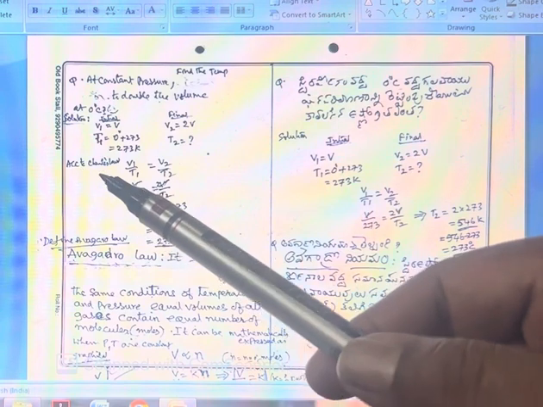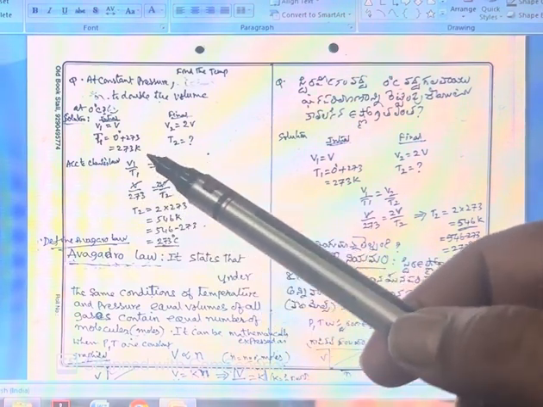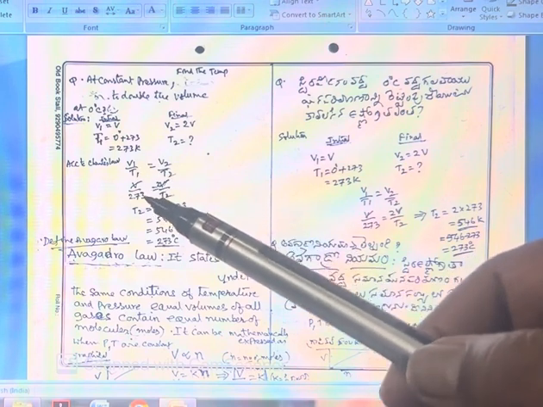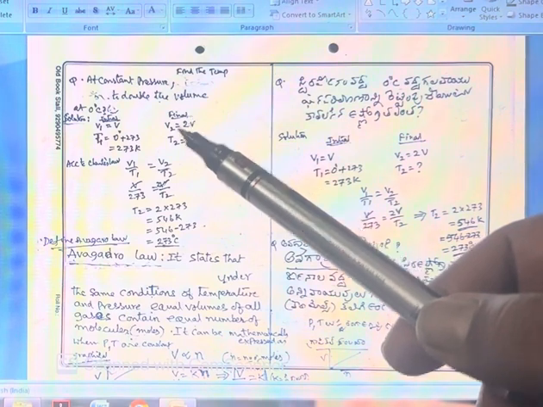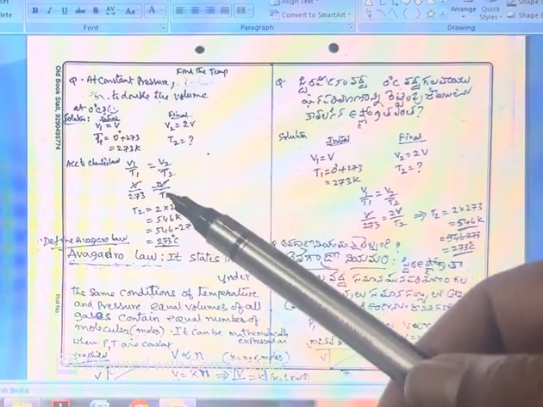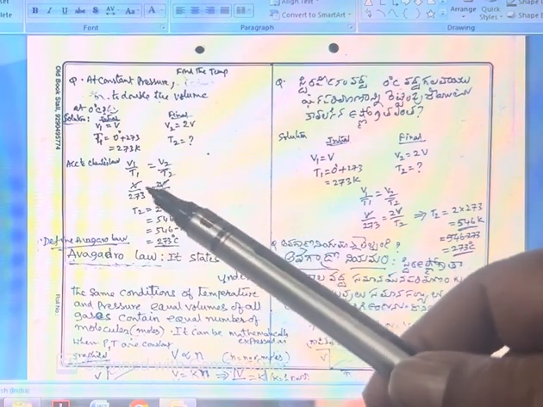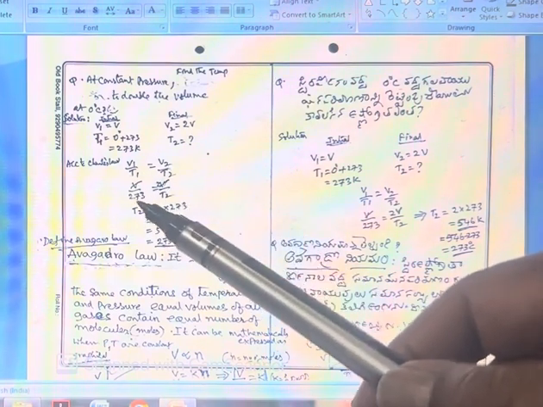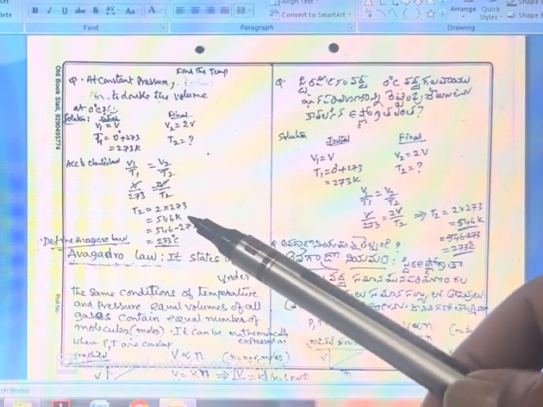According to Charles' law, you know the relation between two stages, V1 by T1 is equal to V2 by T2. V1 is equal to V, V2 is equal to 2V, T1 is equal to 273, and T2 you want. So, T2 is equal to 2 into 273, V we cancel out. 2 into 273 is equal to T2, so 546 Kelvin.